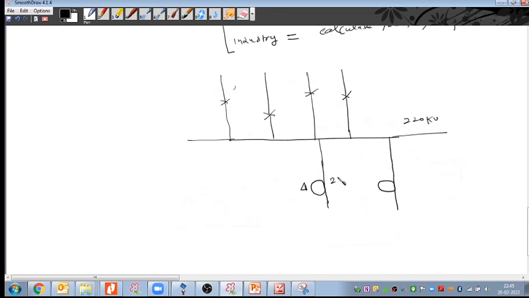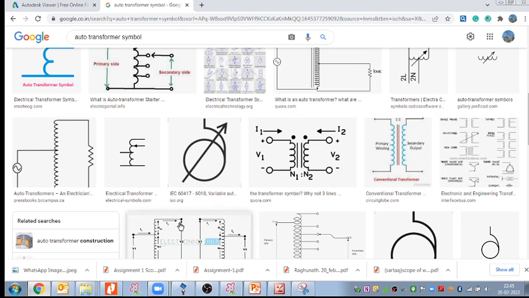So this is my 220 by 132 kV ICT. Same one this is also. So here I reach on the 132 kV bus. So I can put the breaker here, and then I can draw the 132 kV bus. Now this one here, right? What I mean to say, let me go back here.